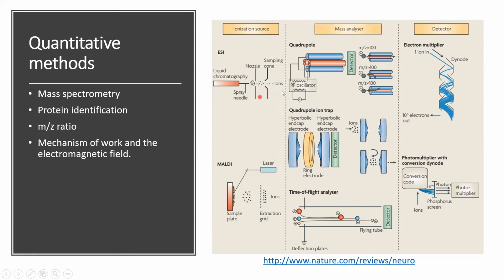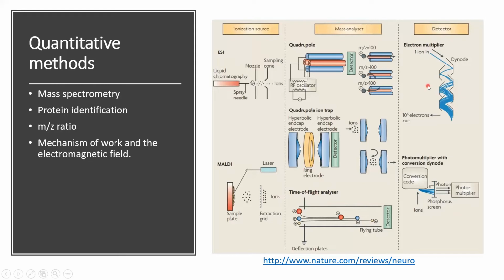In both of them the molecules get ionized. These ions will be separated by the mass analyzer, either by space or by time. If they result from ESI, they will be separated by space using a quadrupole or ion trap. If they result from MALDI, they will be separated in time by using a time of flight analyzer.